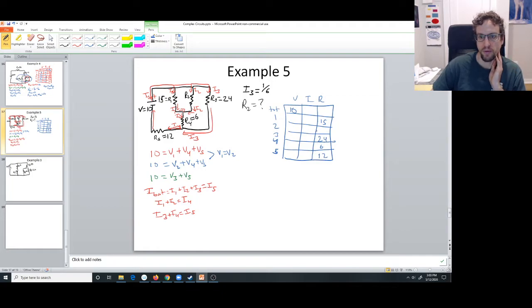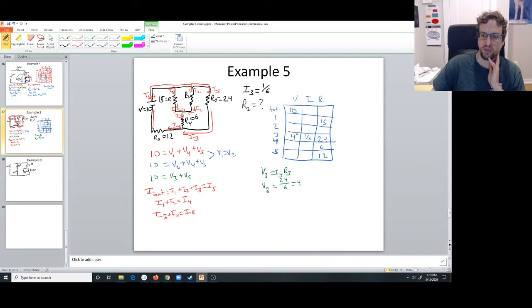Okay. And we know that I3 is 1/6. So, again, anytime we have 2 in a row, we can find the third, right? So V3 is equal to I3 R3. V3 equals 24/6 or 4.